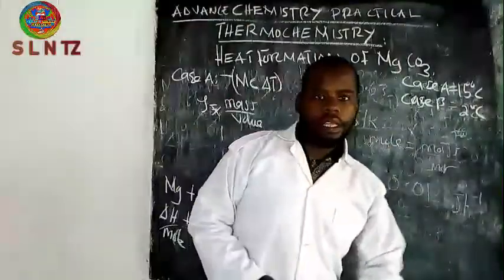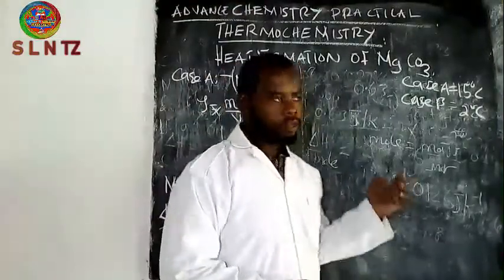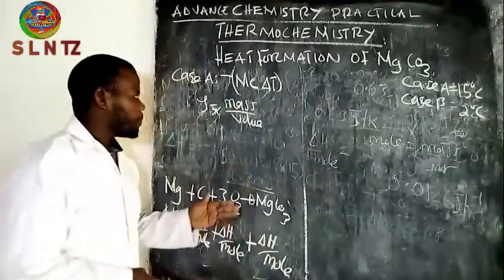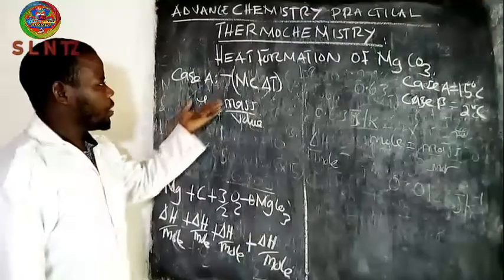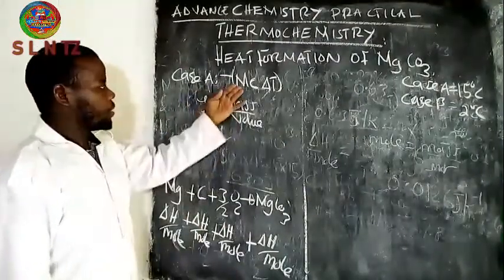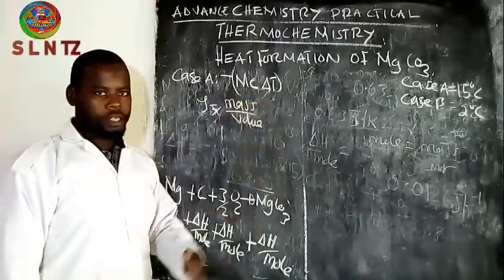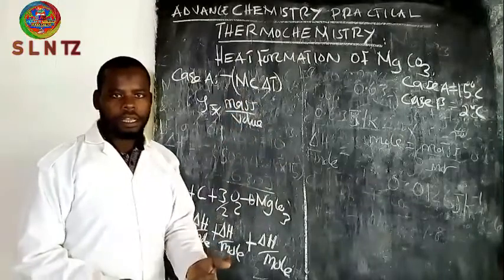After performing the experiment, let's solve our question. Case A, we find the heat change. Our formula is mass times specific heat capacity of water times temperature change. The capacity of water is provided in our question.